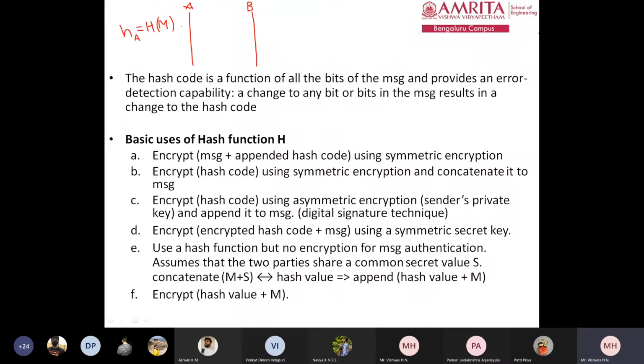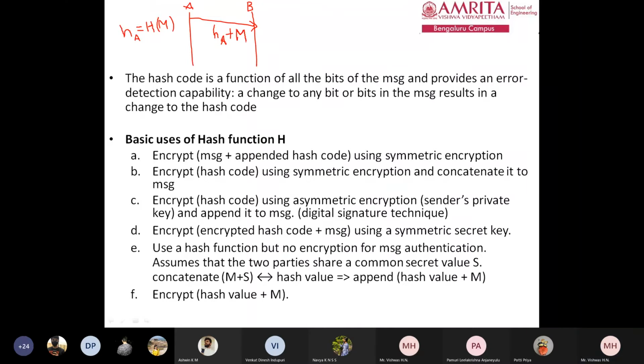That is just H of A. Hash code of A is sent to B, plus the message is sent to B.